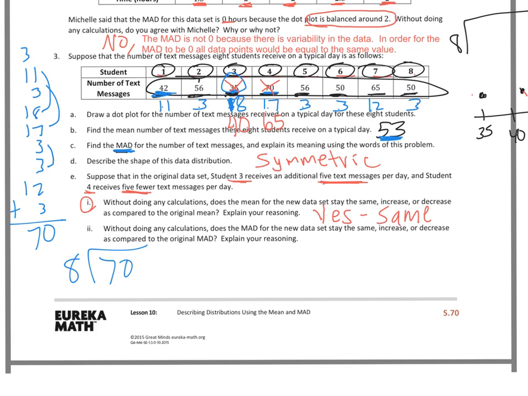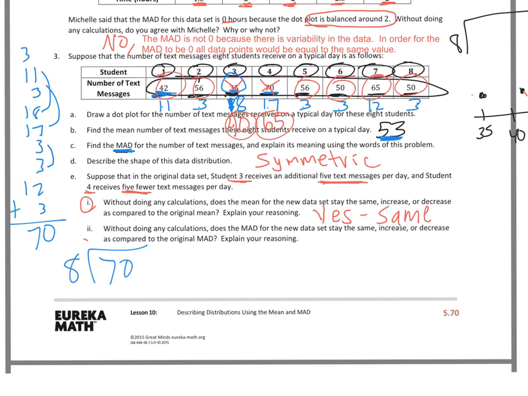That's not going to change the mean because when I find the mean, I add all of the text messages up. It doesn't matter who has what. So if I add it up, 42, 56, 40, 65, 56, 50, 65, and 50, I'm going to get the same as if I added up my original numbers. And that's what matters for mean, is the total. When I add 5 and take away 5, I'm going to be left with the same value.